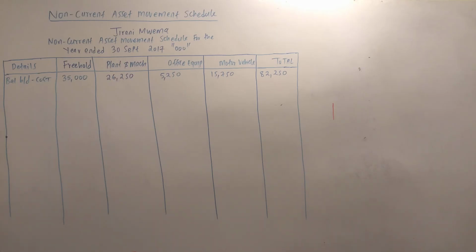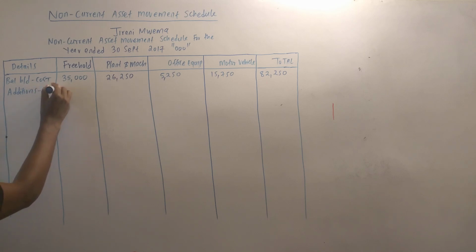Then you go to the second part. You check if there was any addition or acquisitions. Also on cost, so any addition you insert at cost. The non-current assets were acquired during the year ended 30th September 2017. So we have this machinery at 500.